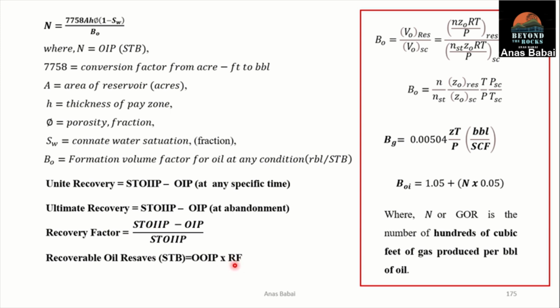So in this scenario I have estimated the amount of hydrocarbon in the reservoir, and I want to know how much of this hydrocarbon I can get. So we basically just multiply the recovery factor by the amount of hydrocarbon which was already in the reservoir.